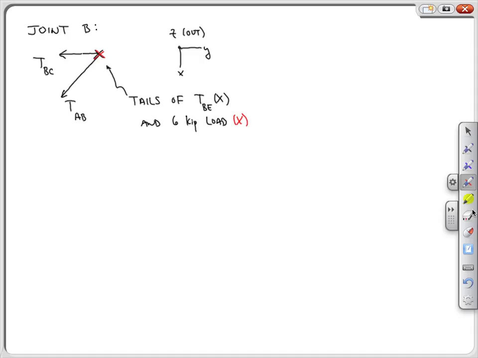Before proceeding to joint A, we can generalize our zero-force member criteria for space trusses. Let's consider this perspective view here. I'm going to bring a total of 4 members into a joint that's established at the origin here. Let's make a contrast.